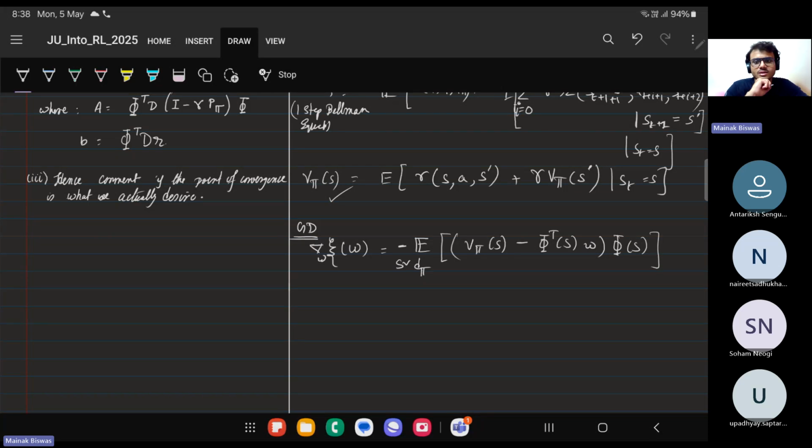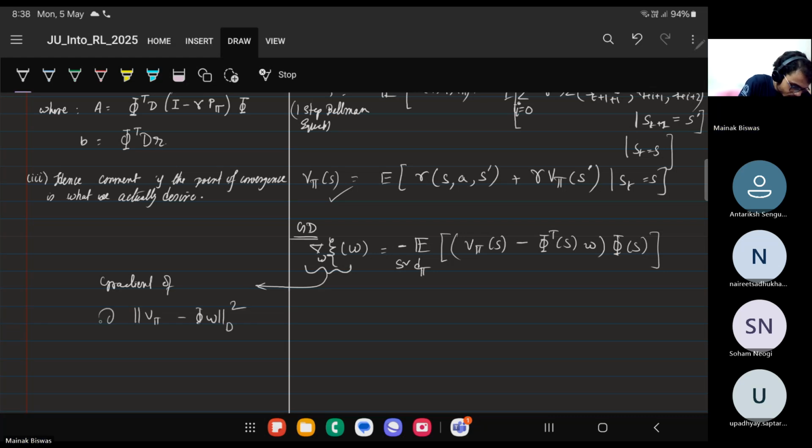Negative of this, right? Fine. The gradient of the loss, the gradient of V pi minus phi W squared. Fine with everybody? Very good. So now, what will I do? Can you tell me? I'll do one step which will simplify the things further.